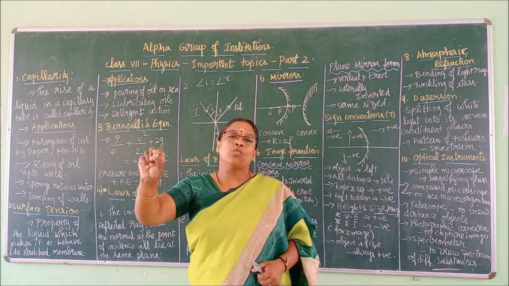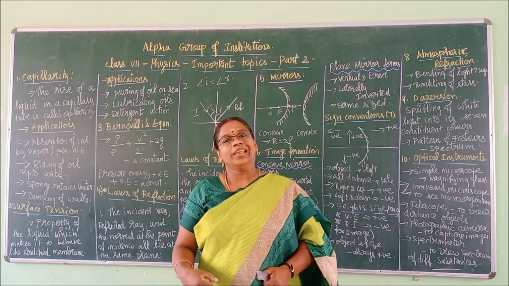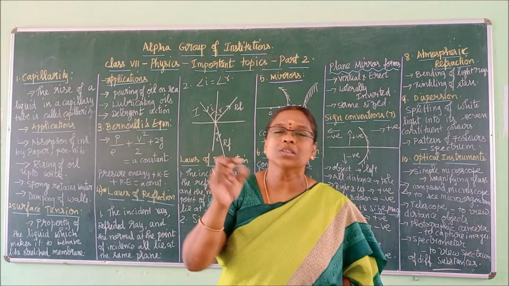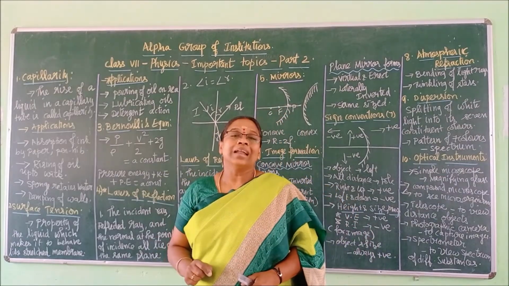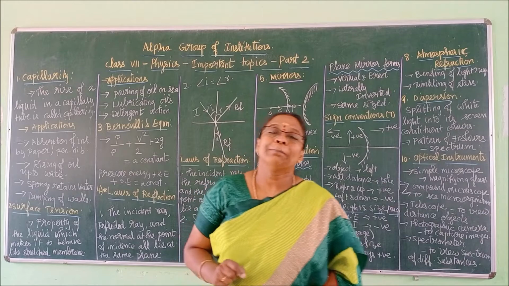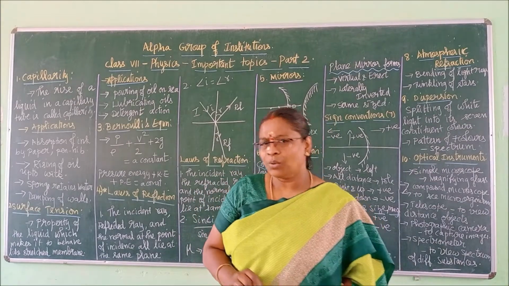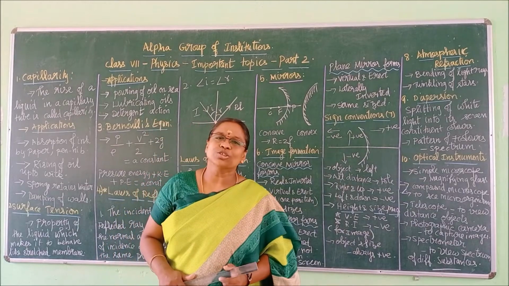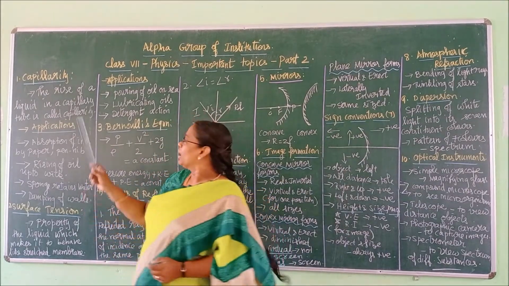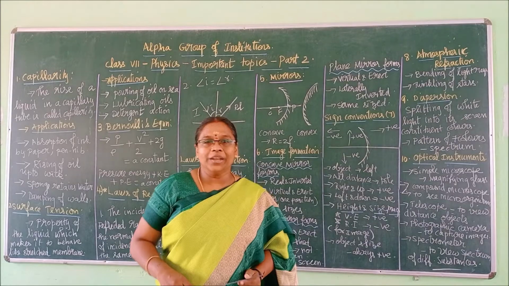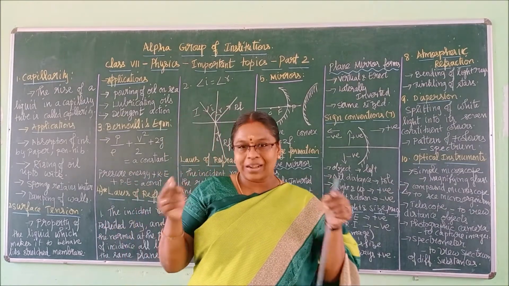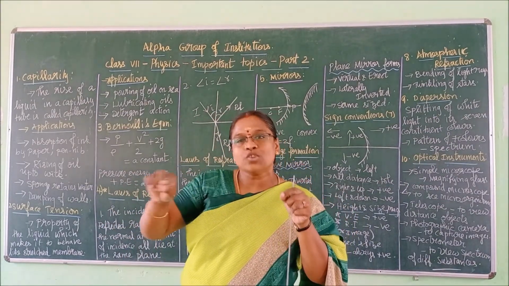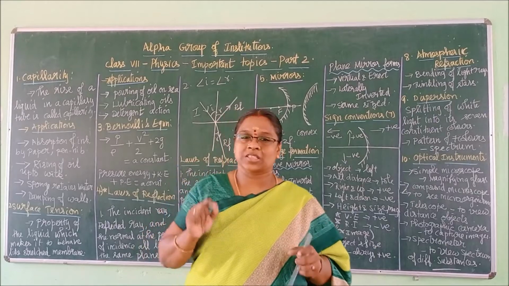That passage of water, the absorption of any liquid through small holes in a substance, that action is called capillarity. So this is one laboratory oriented definition. Usually only in the lab we have a capillary tube. A capillary tube is a glass tube in which the passage for water is very small.